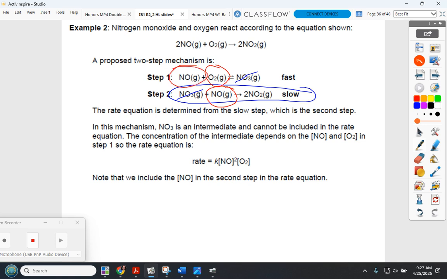So we put together everything that would influence the rate of step 2, which is the reactants of step 1 and the non-intermediate reactant of step 2. In this case, we are squaring the NO because it appears twice. So we've got 2 NOs and 1 O2, and now we're using 2 as the exponent for the NO concentration and 1 for the exponent of the O2 concentration.